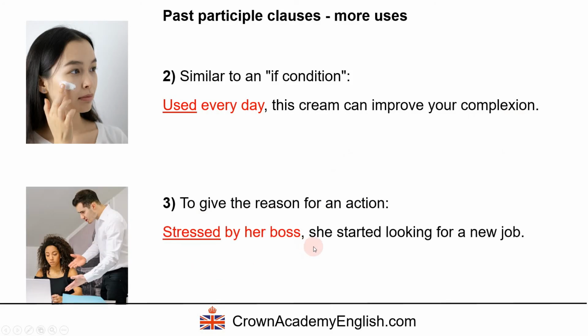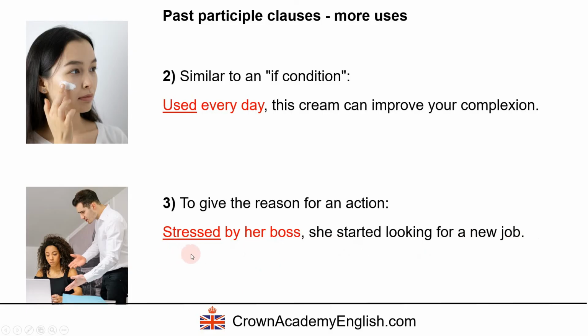Stressed by her boss, she started looking for a new job. So the full version of this would be, since she was stressed by her boss, she started looking for a new job. Okay, so cause and effect. She did this because of this.